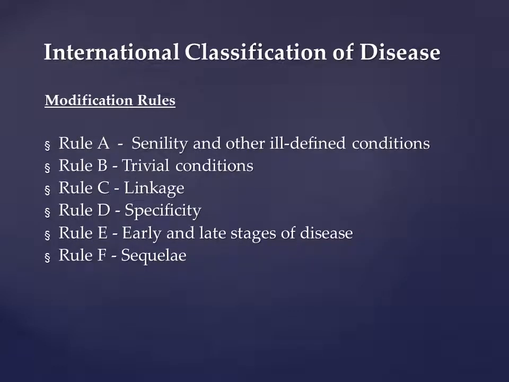There are 6 modification rules. These rules are intended to improve the usefulness and precision of mortality data. They generally refer to causes of death that are amenable to prevention strategies. This allows internationally uniform handling of reported terms that are imprecise or lack specificity.